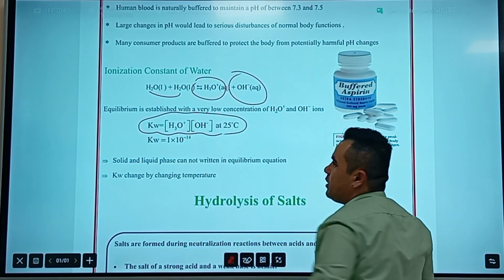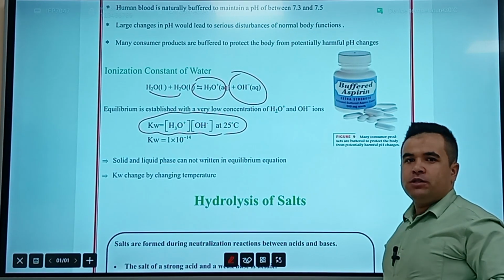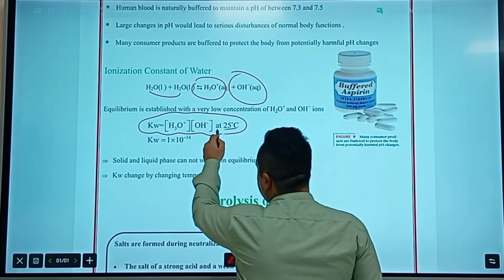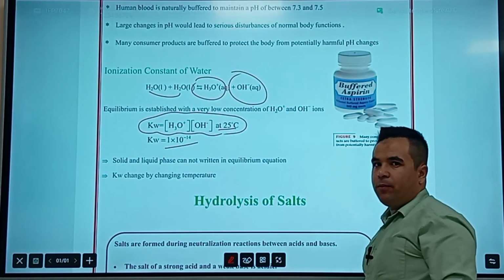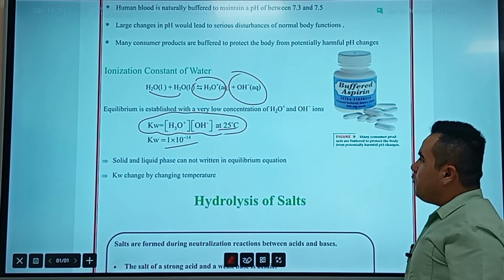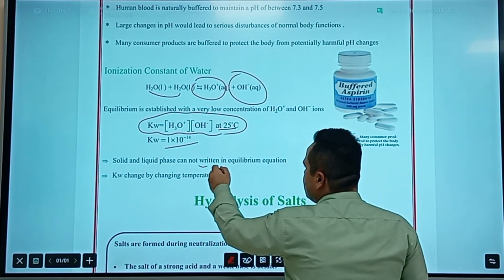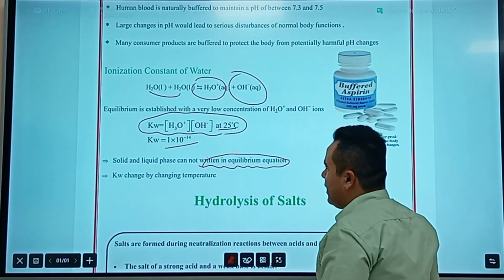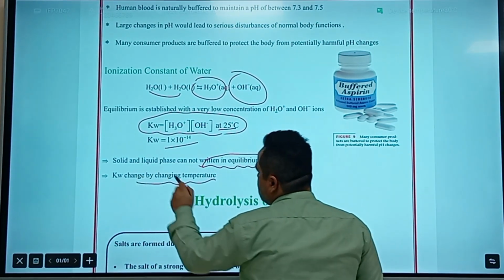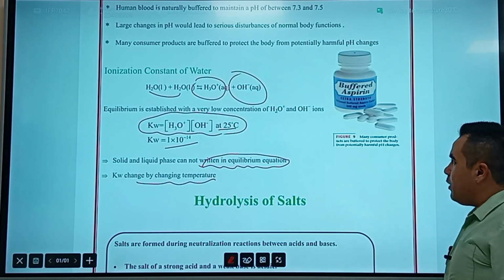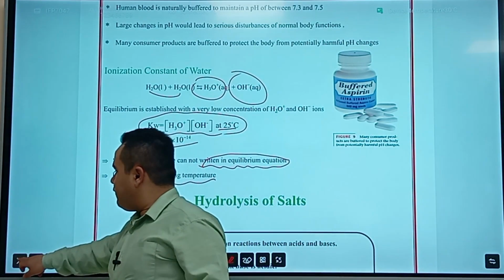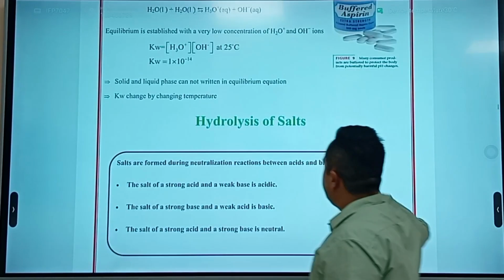Kw represents the ionization constant of water, equal to the multiplication of hydronium and hydroxide concentrations, and at 25 Celsius it equals 1 times 10 to the power minus 14. Solid and liquid phases cannot be written in the equilibrium equation, as we said, and Kw changes by what? By changing temperature. We talked about this before in the self-ionization of water, guys.